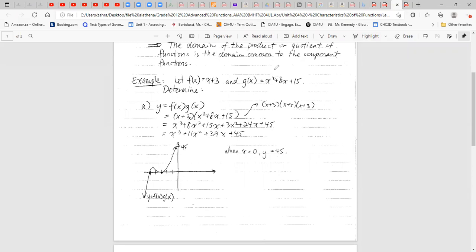You can write it as x plus 5 times x plus 3, right?